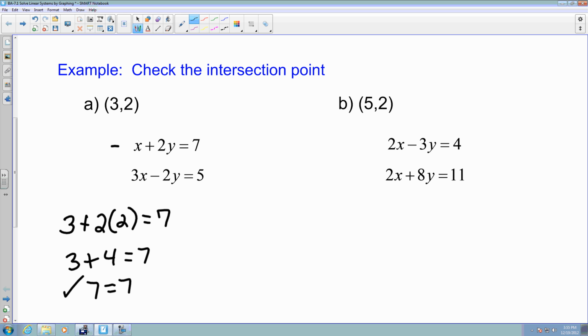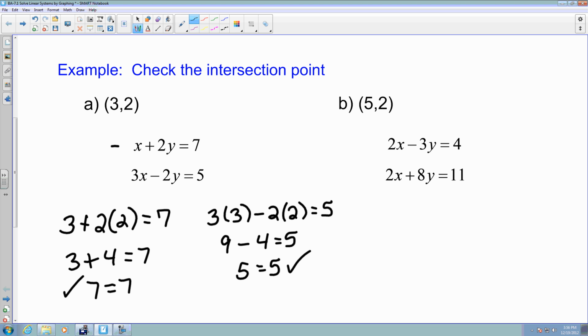So that checks out. The first equation is a true statement. If I go to the second one, I have 3 times 3 minus 2 times 2 equals 5. 3 times 3 is 9, minus 2 times 2 is 4, equals 5. 9 minus 4 is 5, and that equals 5.